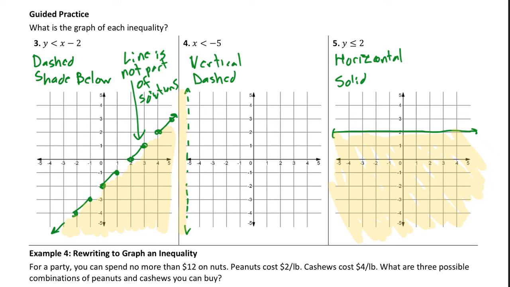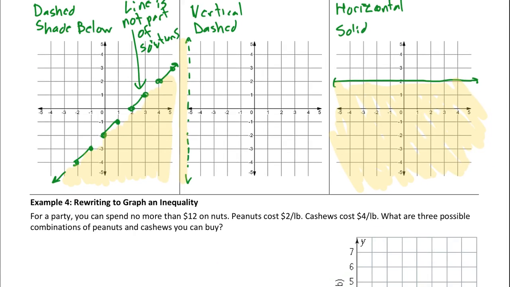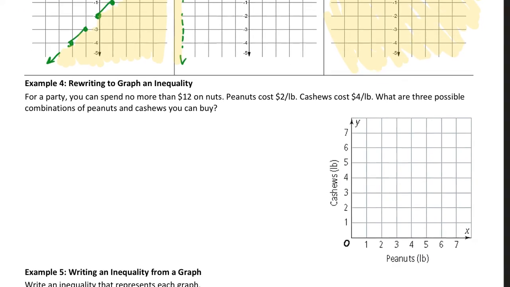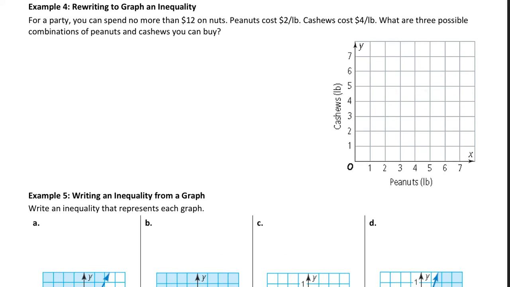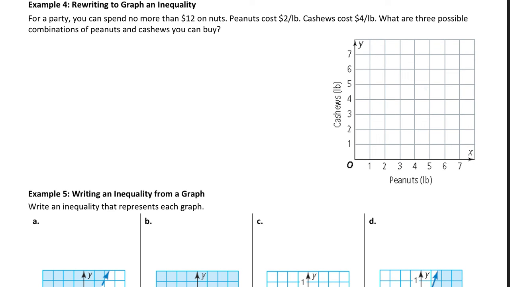So we'll get some more exposure to problems like this, but I want to at least cover an example of an application of this. So it says, for a party, you can spend no more than $12 on nuts, and peanuts cost $2 a pound, cashews cost $4 a pound. What are 3 possible combinations of peanuts and cashews you can buy? So, to show an inequality for this, we're going to have x and y.